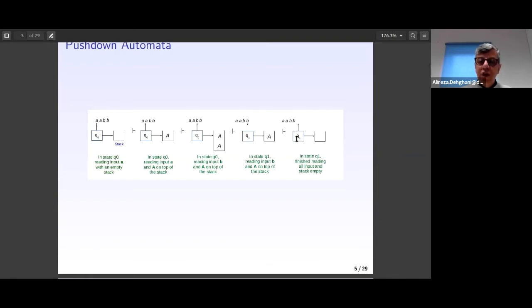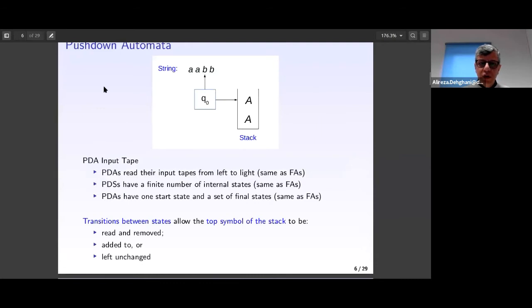That was all. But in here, you should get to the end of the string, you should get to the final state, and your stack should be empty. If you still have something in the stack, that means the string is not accepted. And if that string is generated by a language or a grammar, that means the automata doesn't accept that grammar or language. Okay, so that's a very interesting and beautiful presentation of pushdown automata.